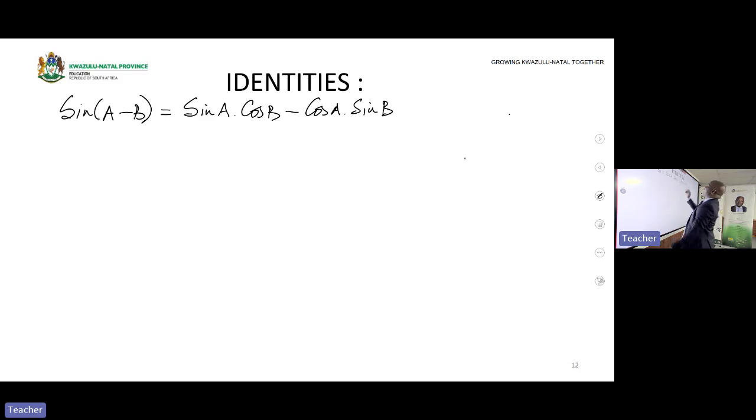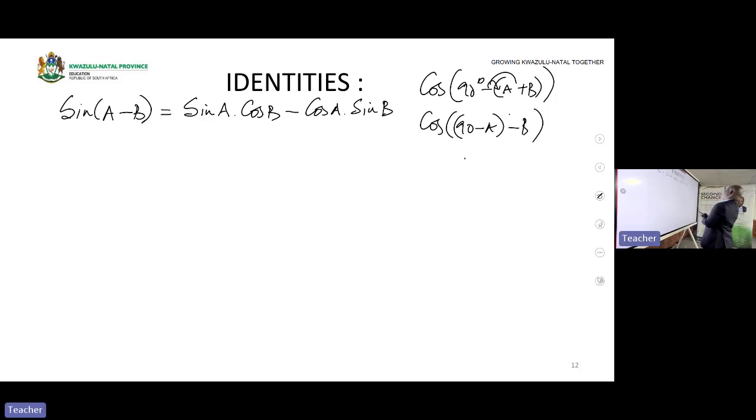So how do we get this one? We use the co-ratio, student. Please don't forget that one. It comes from cos of 90 minus (A plus B). I'm tempted now to derive it because I want us to understand it. If you distribute this, what are we going to have? We are going to have cos of (90 minus A), and then minus B. Then we apply the cosine identity.